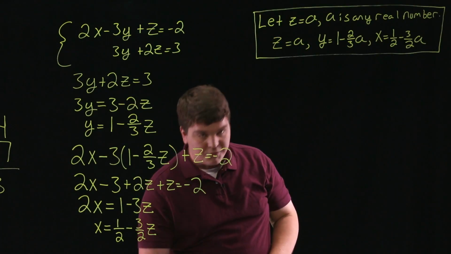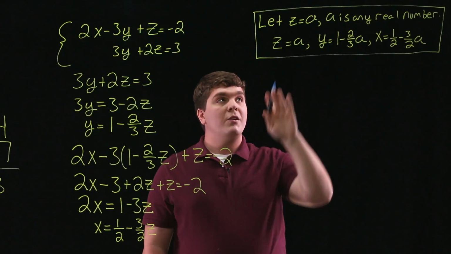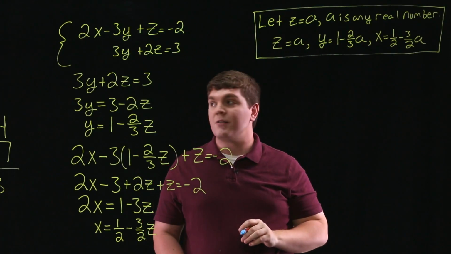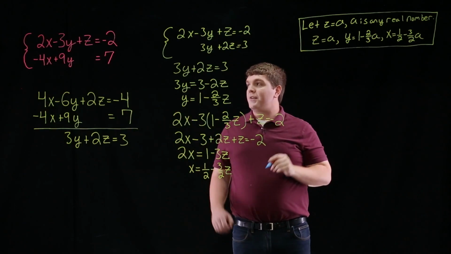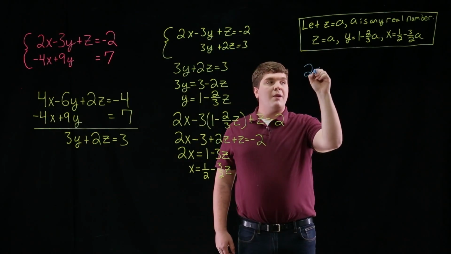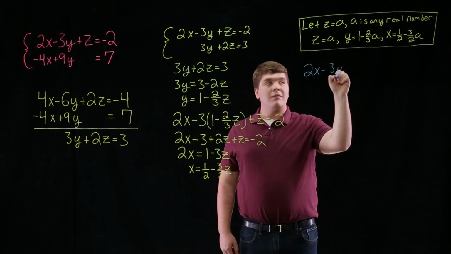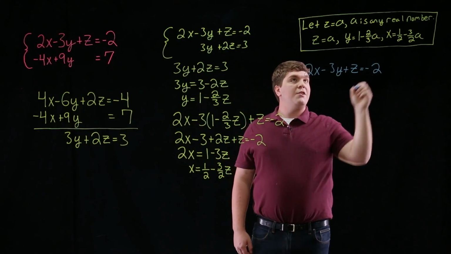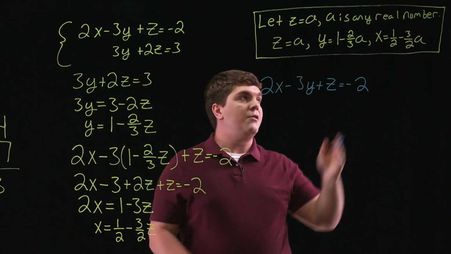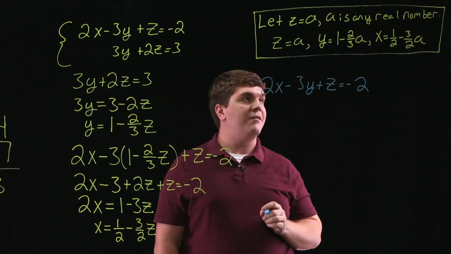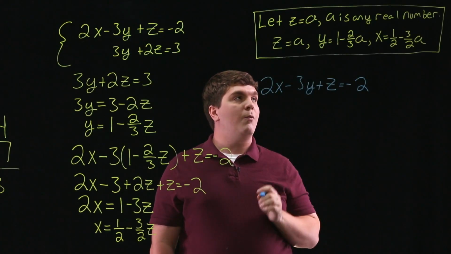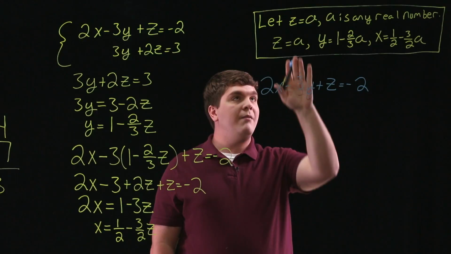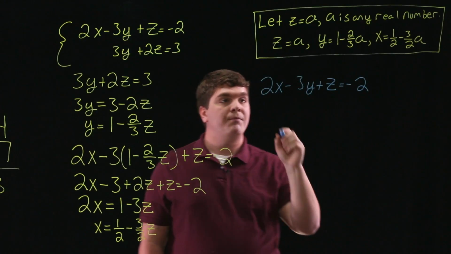Now to check that this solution satisfies our equations, we'll want to plug these values into both of our equations. So starting off with the first equation, 2x minus 3y plus z equals negative 2. We'll substitute 1/2 minus 3/2 a in for x, we'll substitute 1 minus 2/3 a in for y, and we'll substitute a in for z.